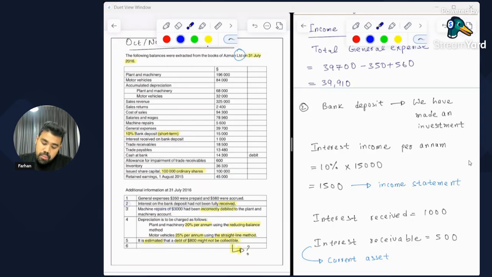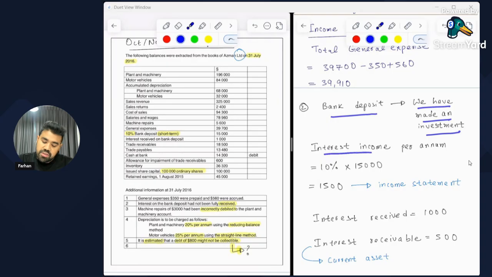Now, I have highlighted here that it's bank deposit. We have made an investment. So bank deposit is you went to the bank and you deposited some extra cash that you had. And on that extra cash that you had deposited in the bank account, you're getting some interest income, okay? And that interest income is calculated at the rate of 10% per annum.